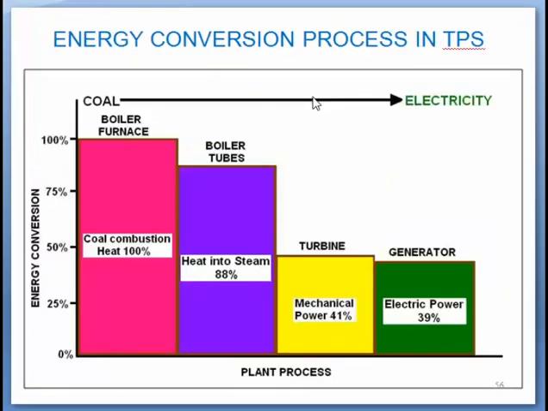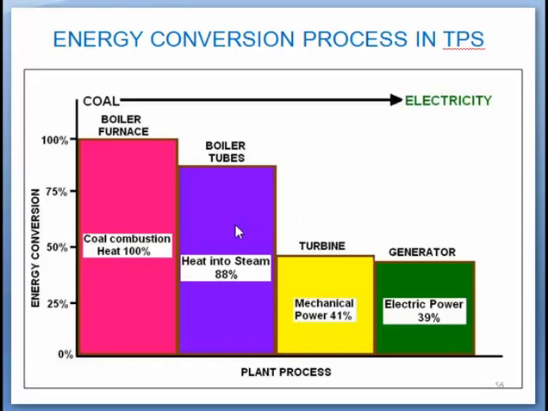The conversion of heat energy into mechanical or electrical energy is basically a thermodynamically inefficient process, since heat is a low grade energy, work is a high grade energy. Out of the available heat from coal combustion, 88% is used for generation of steam. So here you can see there is a loss of 12%.